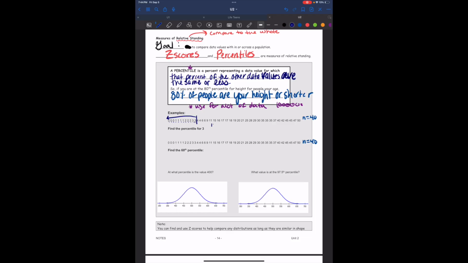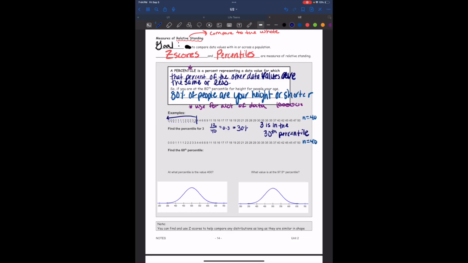There are 12 data values that are 3 or below, out of 40. If you find that percent, it comes out to 30%. And I could say that 3 is in the 30th percentile.